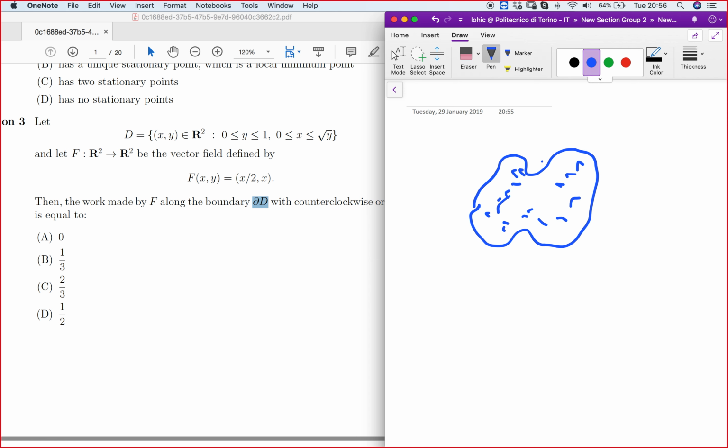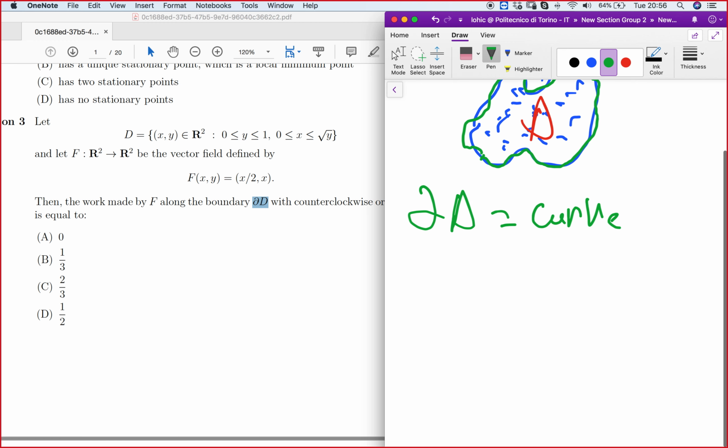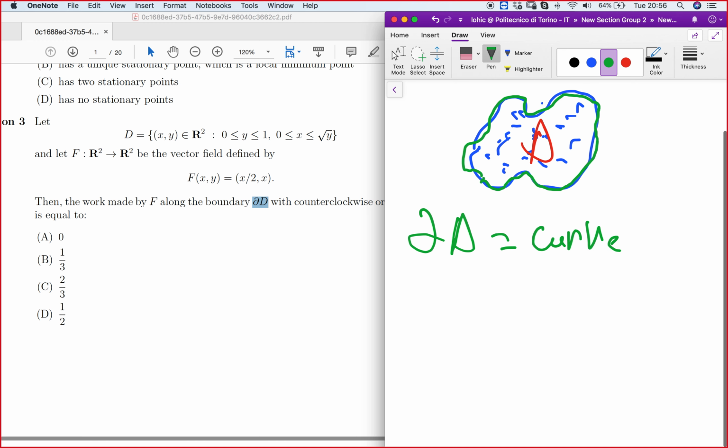So this is the domain D, and here is the border of D. The border of D is a curve, and it is possible to integrate a vector field on a curve.